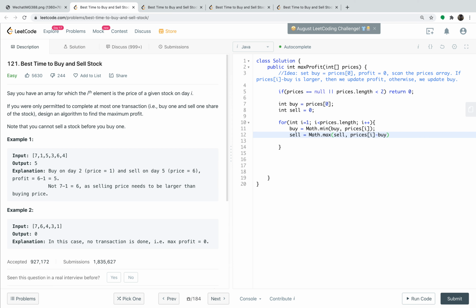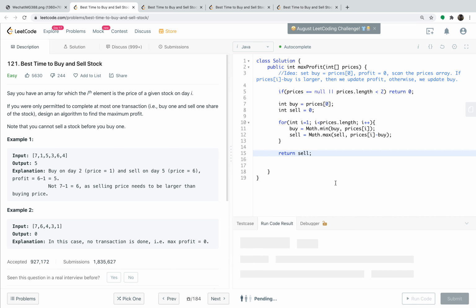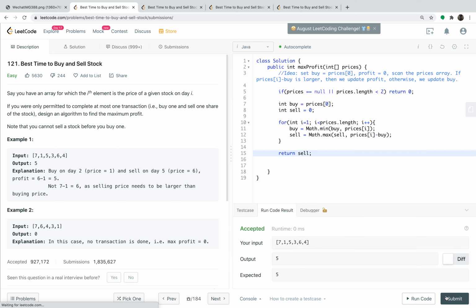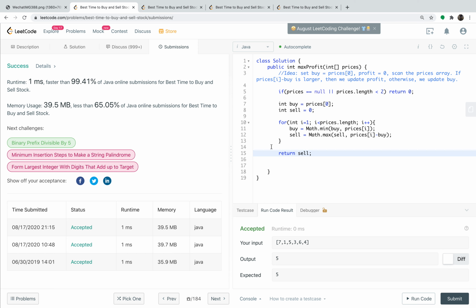Actually, the sale is the profit because we are storing the maximum profit to the variable sale. So finally, you can return sale. Let's see the code. Okay, this is a very easy question.